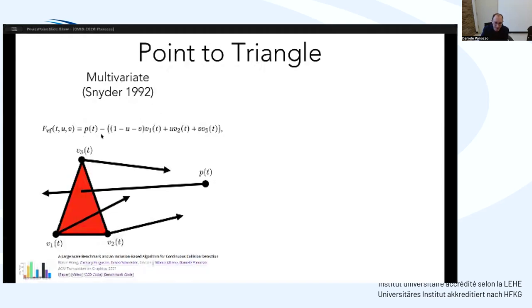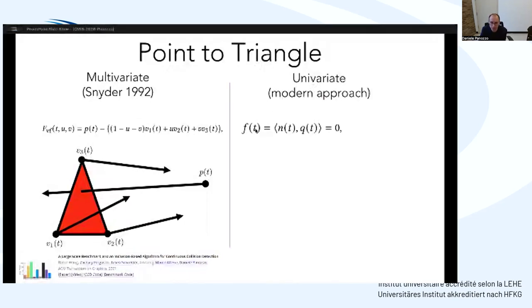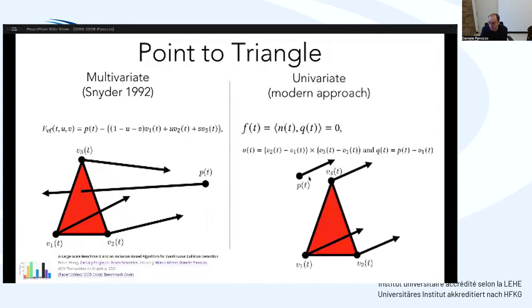As far as I know, this paper has never been used, and instead a more modern approach took over, both in graphics and in mechanical engineering, which is to use a univariate formulation where you first check if the point and the triangle are on the same plane, and then after this happens, you check if the point is inside the triangle. This is way more efficient because now you have a univariate polynomial. It's much easier to find roots, and then you do a simple check to see if a point is inside or not.